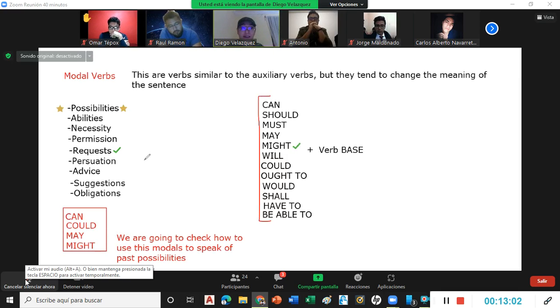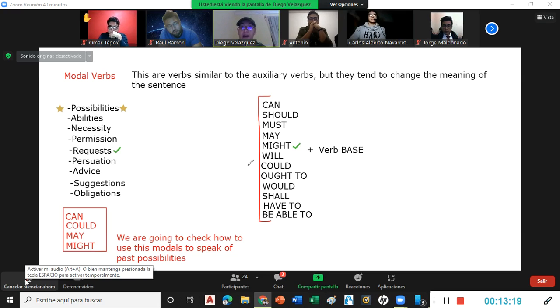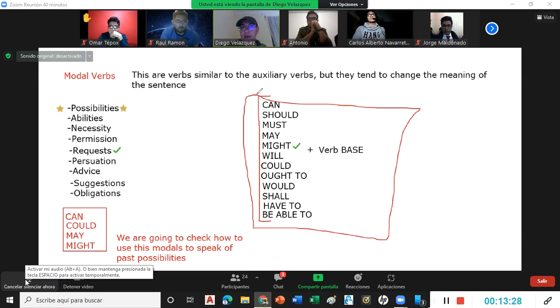And what happens in here? When we want to use the modal verbs to speak about the past, my friends, we are going to use a totally different grammar to the one that we use with the normal modal verbs. And what's going to happen, guys? This is going to be the central topic for today. So the normal modal verbs are this: my modal verb and verb in simple form, okay?